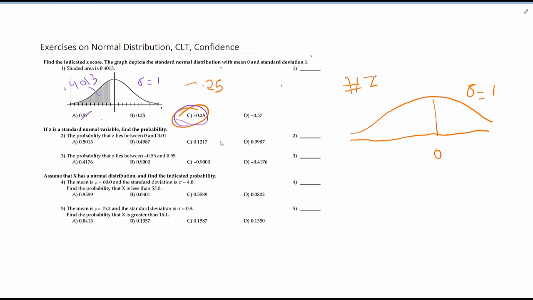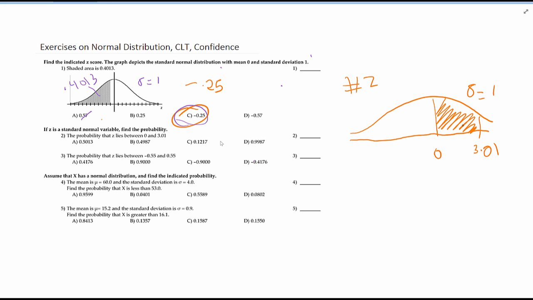And we want to find out the probability that the value of the variable lies between 0 and 3.01, right?